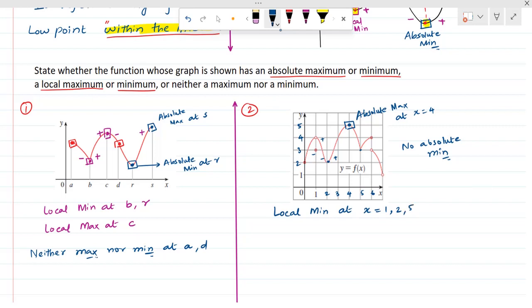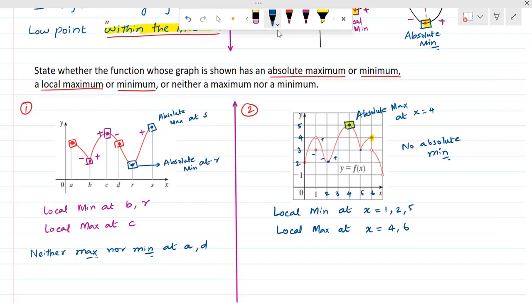Now the next one, the local maximum, which is given by x equals 1, a maximum point, and this one is a maximum point because it is included, so it is increasing then decreasing, at x equals 4 and 6.